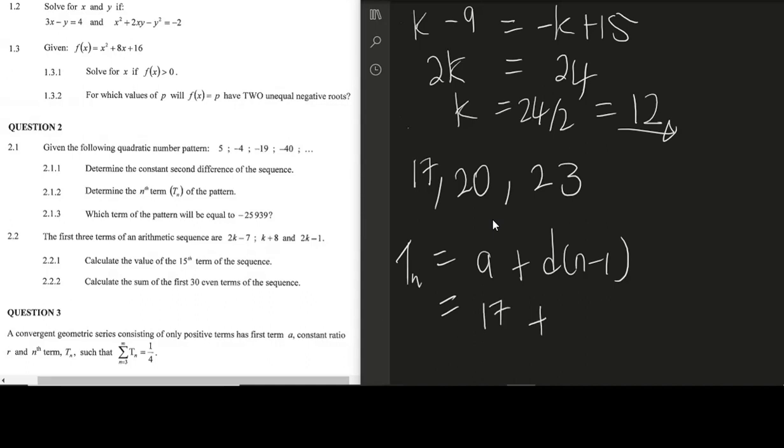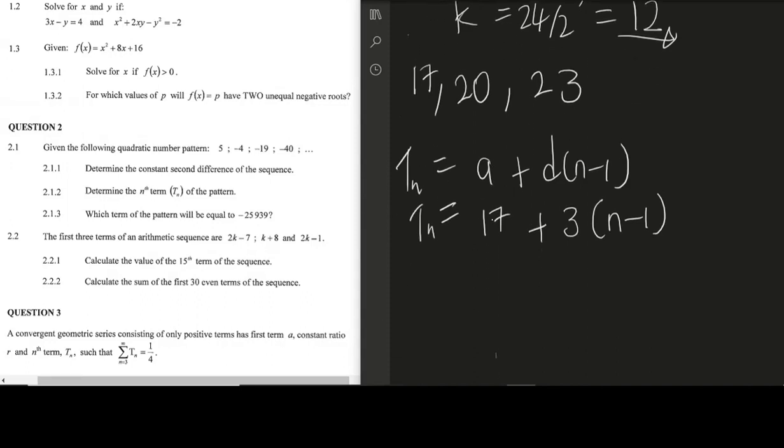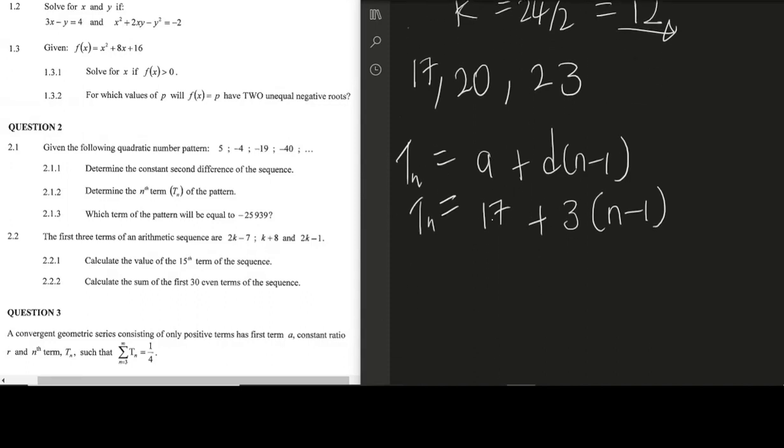You know that d is equal to the constant difference between the terms, which we said was 3, and then n minus 1. So when we are tasked with calculating a specific term of the sequence, as in this case t15, we will just simply substitute n into our Tn equation.